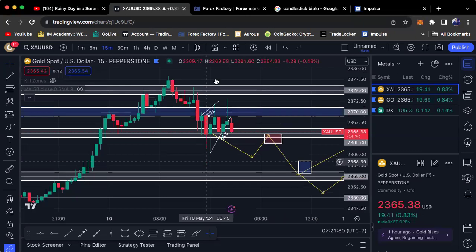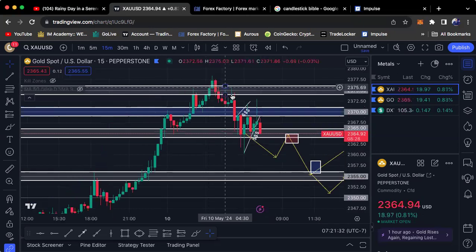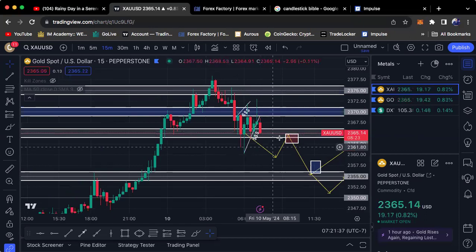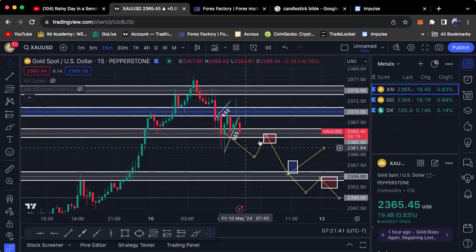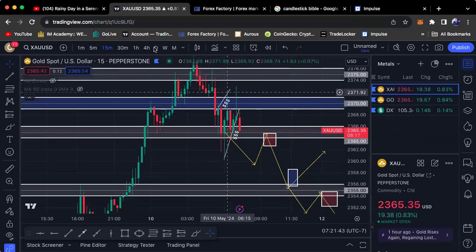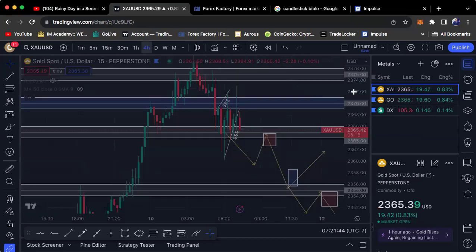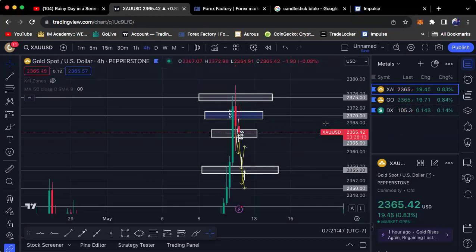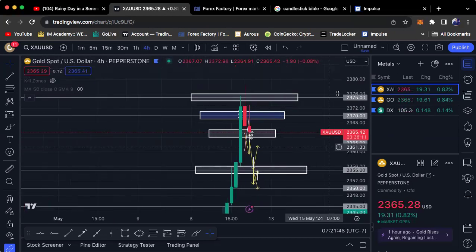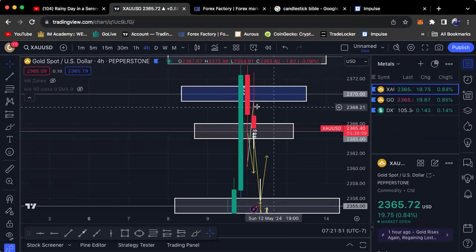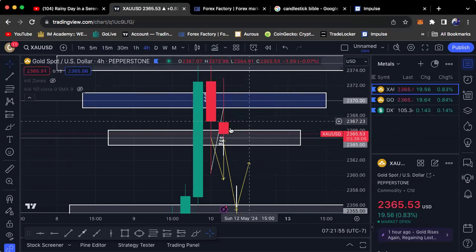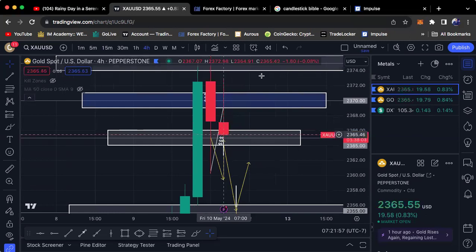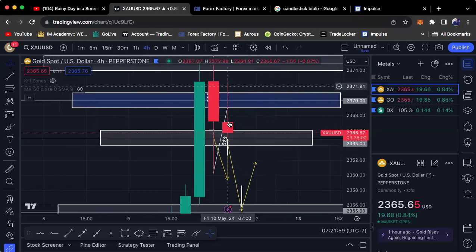Now here it hit a resistance point. Now it's trending down. Wait for this next break of structure, right? Continue to trend like that. See how the 4-hour candle opened up bearish. Now you have this long wick here.